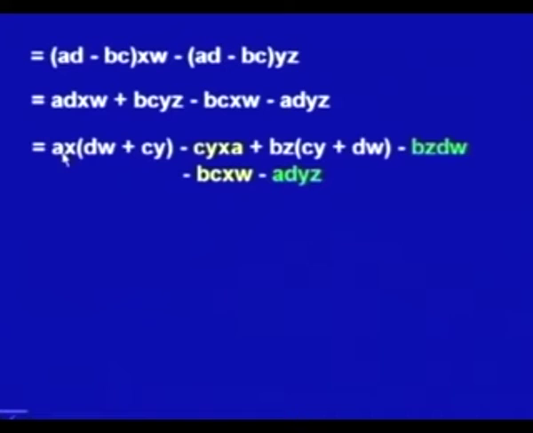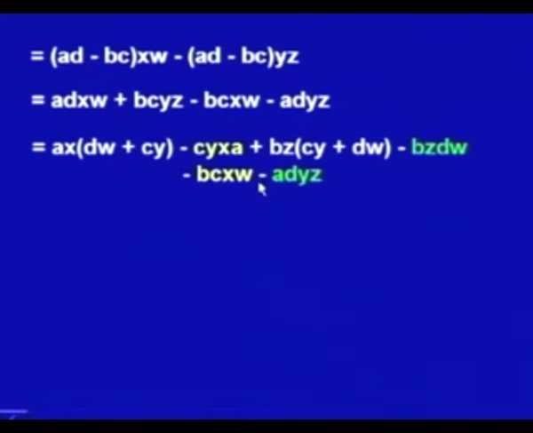So, axdw is with me, I will add cyax and subtract cyxa. Similarly, I write down bzcy plus dw, bzcy is with me, I subtract bzdw and add bzdw, and then these two terms.